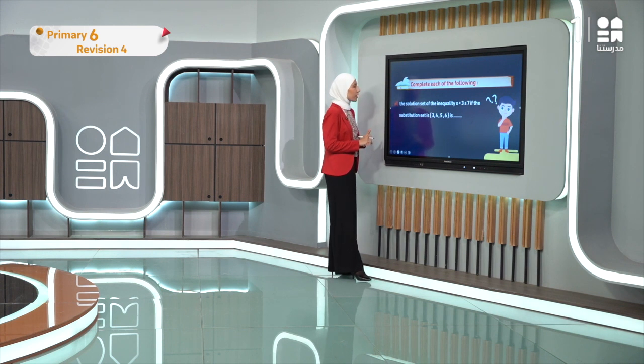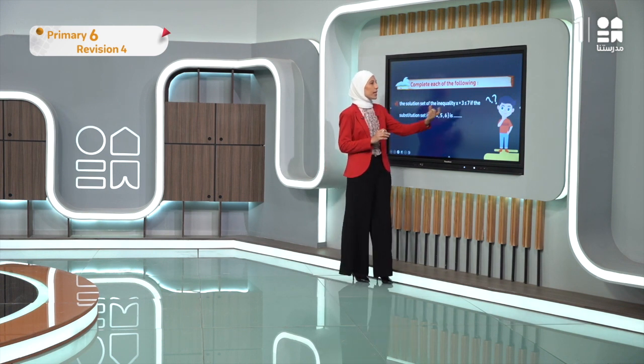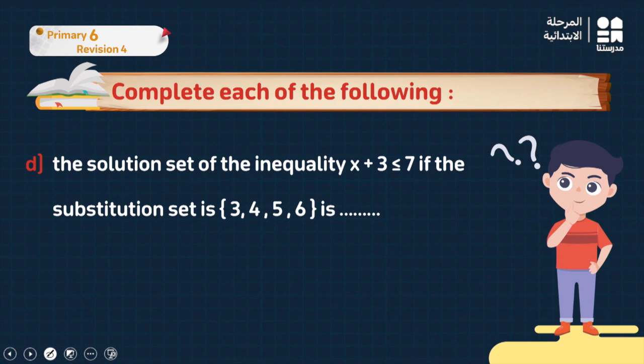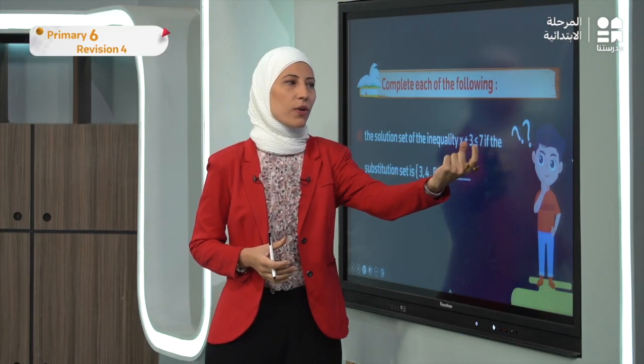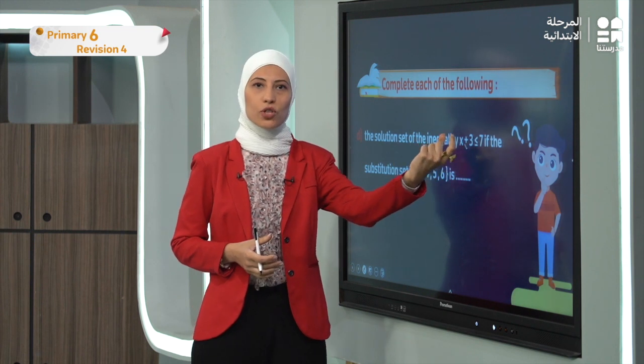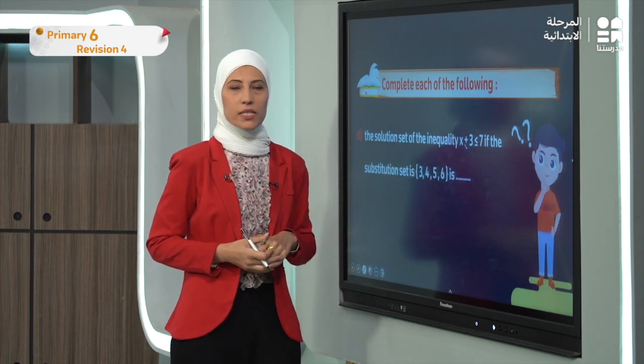Here I have the solution set of the inequality x plus 3 less than or equal to 7, if the substitution set is 3, 4, 5, 6. What am I supposed to do in this case? I am supposed to replace x with every element in my substitution set. So I take x plus 3 less than or equal to 7, and put 3 instead of x.